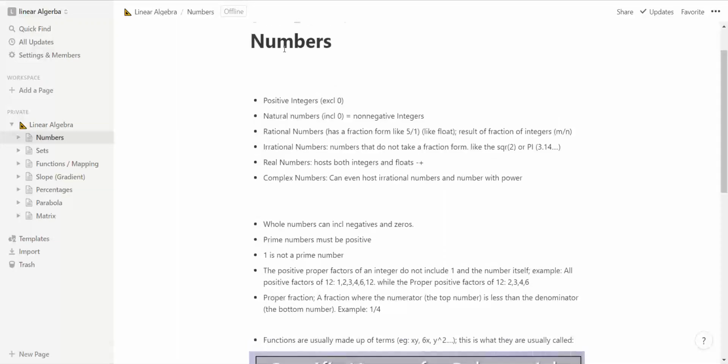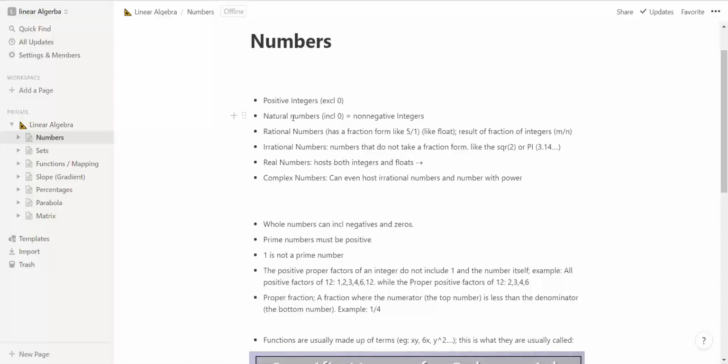Rational numbers, natural numbers, we already know what the natural numbers are. Real numbers, though: natural numbers are a subset of real numbers.